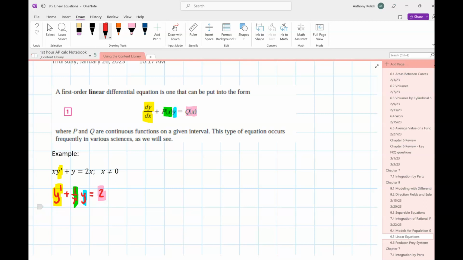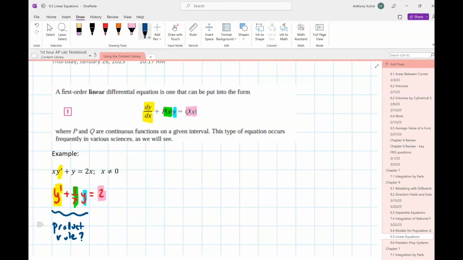Now, this, again, is not separable, right? However, what I might have noticed here is that perhaps this part right here could be the result of some product rule. Yeah, it certainly looks like it might be, right?